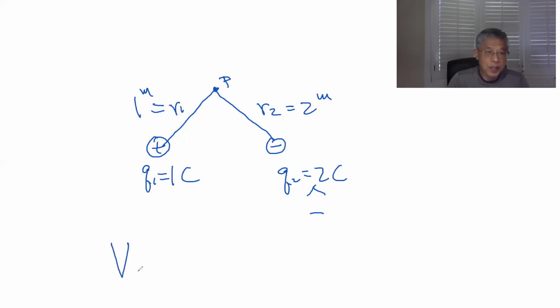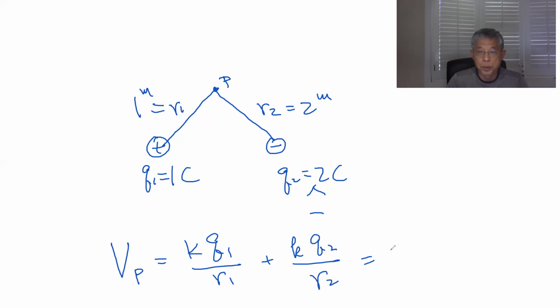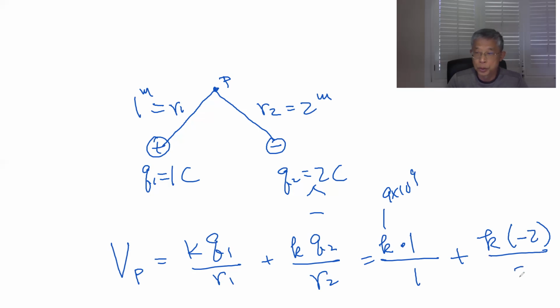V at P will be equal to K Q1 divided by R1 plus K Q2 divided by R2. So you put in your K, 9 times 10 to the 9, with the unit, and then Q1 is 1, divided by R1, which is 1, plus K, and Q2 is negative 2, divided by 2.